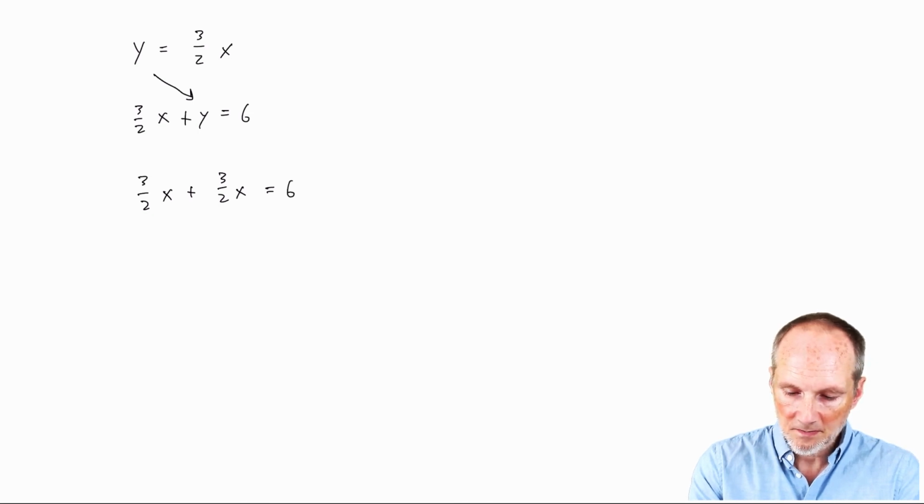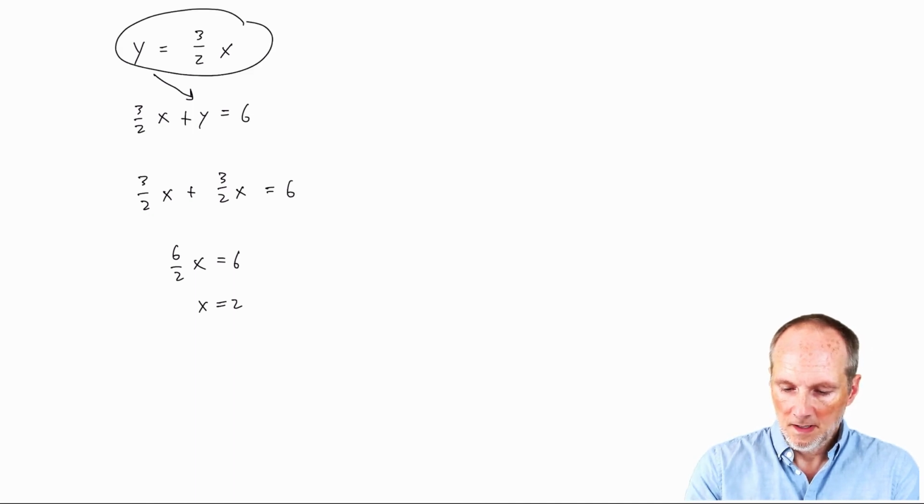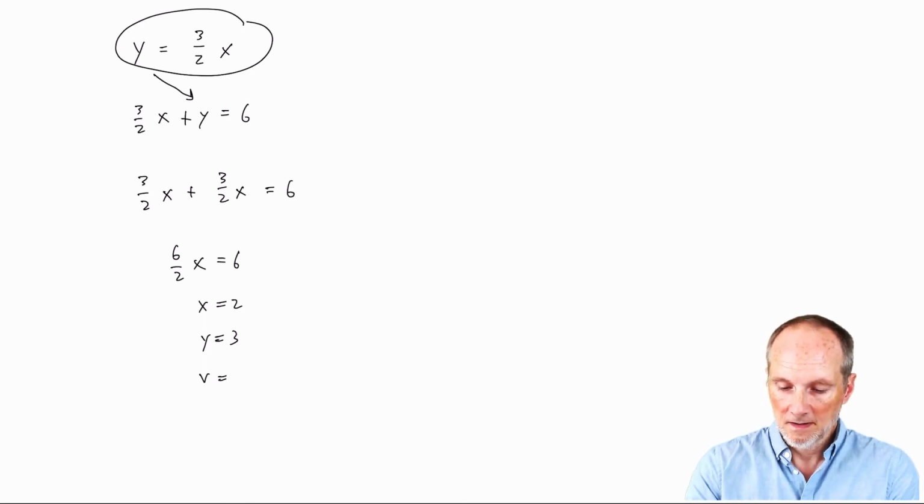And so this is 6 over 2 x equals 6, or x equals 2. We can plug that back into this equation, and we get y is equal to 3. And although we weren't so interested in it, that optimal value then is just x times y, which is 2 times 3, is 6.